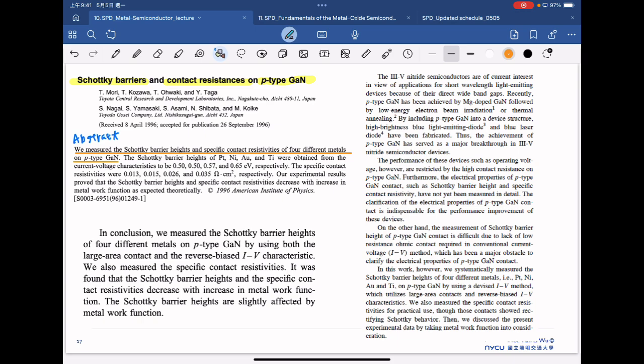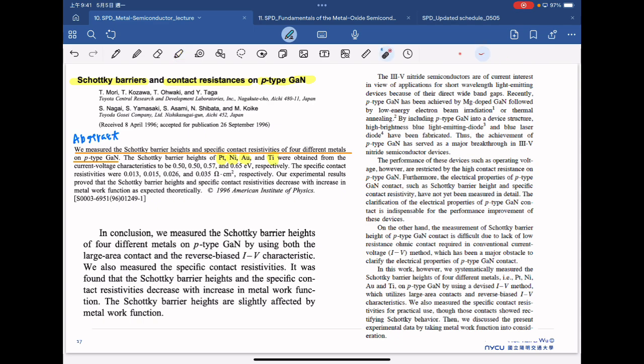So the first sentence is just a short introduction of the purpose of this work. In this paper, they discuss 4 different metals: platinum, nickel, gold, and titanium.